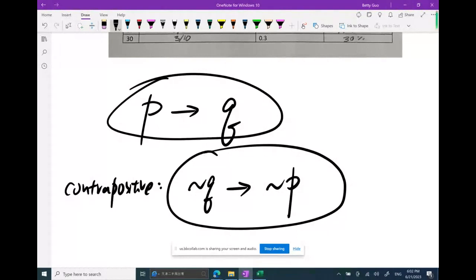When two statements are contrapositive of each other, they are either both true or both false, so they are equivalent. They always have the same truth values.